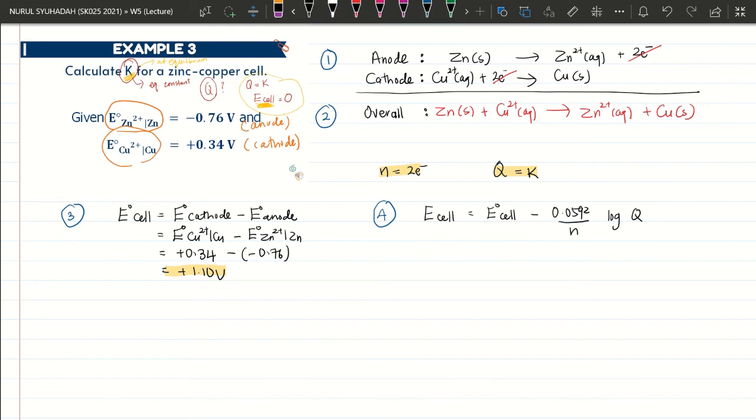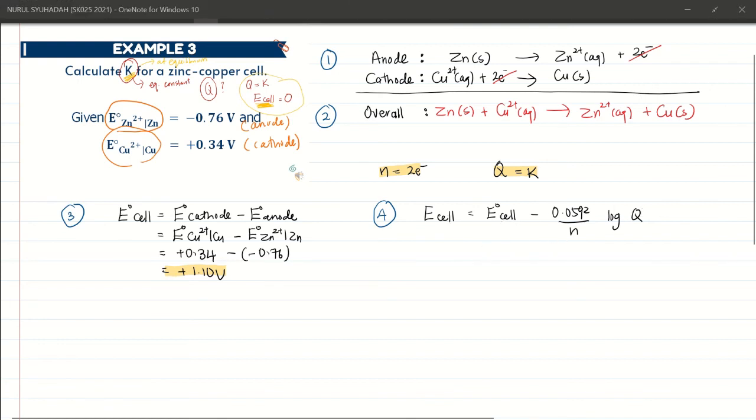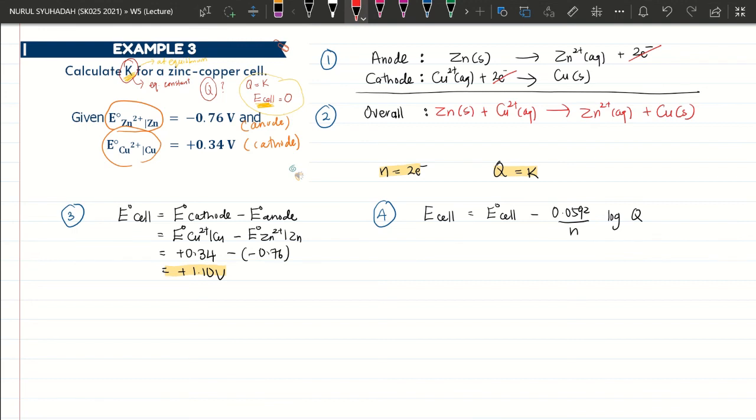Now, the moment of truth is for step number 4. You have written down your Nernst equation over here, and then please note something. At equilibrium, the value of E cell will equal 0.